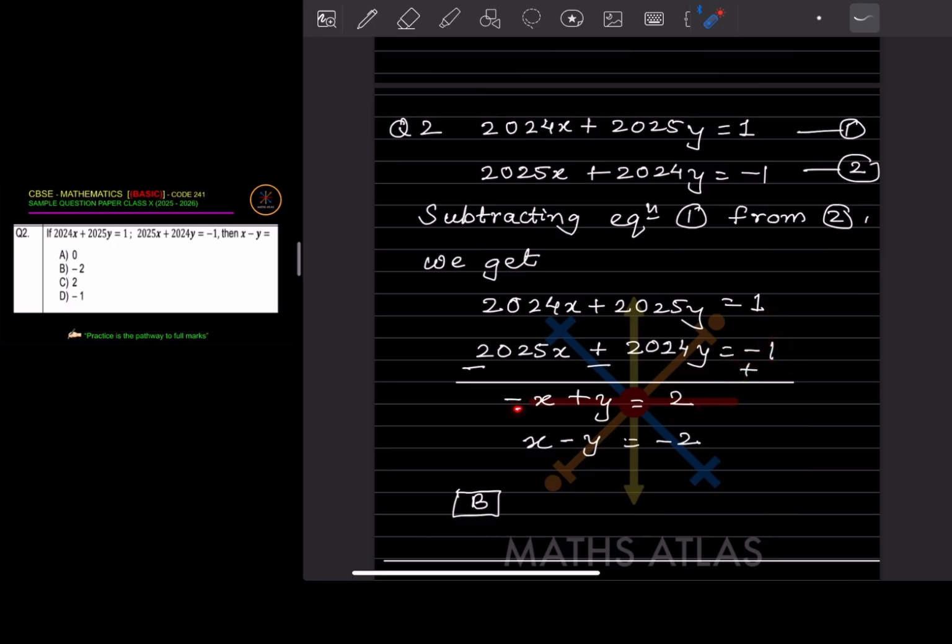But this is minus x plus y, and we want x minus y. So we change the signs: minus x becomes plus, and since we made this plus, the other sign should also be changed. Plus becomes minus, and this plus also becomes minus. So here we get x minus y is going to be minus 2. So minus 2 is option B.